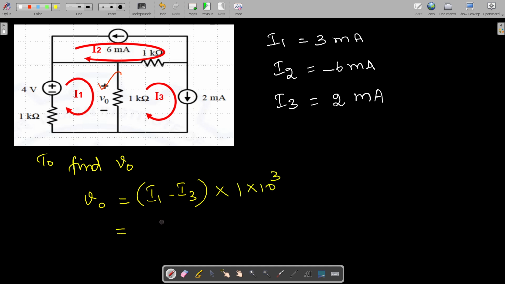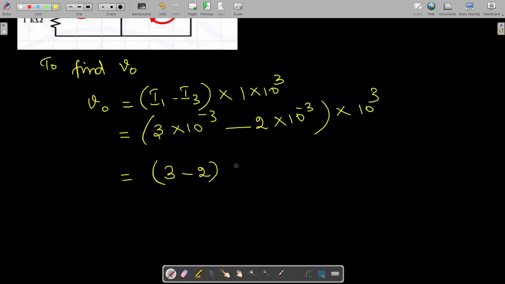Here the I1 value is 3 milliamps, 3 into 10 power minus 3, minus the I3 value of 2 milliamps, 2 into 10 power minus 3, multiplied by 10 power 3. So it is (3 minus 2) into 10 power minus 3 when you take this minus 3 outside, into 10 power 3. These two get cancelled, so we get the value as 1 volt. This is our required answer. Thank you.